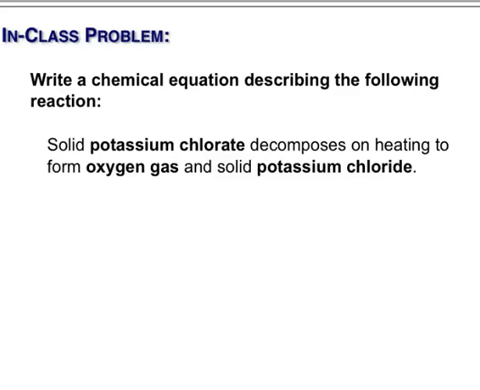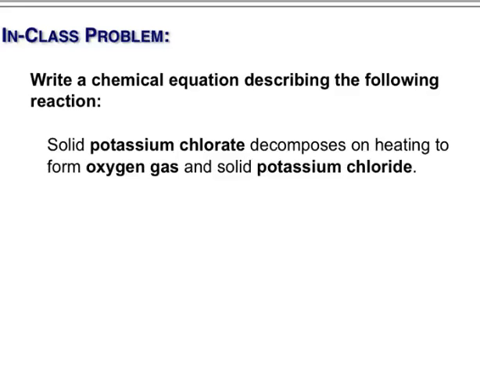Well, first of all, you have to figure out what potassium chlorate is. Remember, I told you you had to remember those things. What is chlorate? ClO3 minus 1. Potassium, group 1 metal, plus 1. So this is just KClO3.